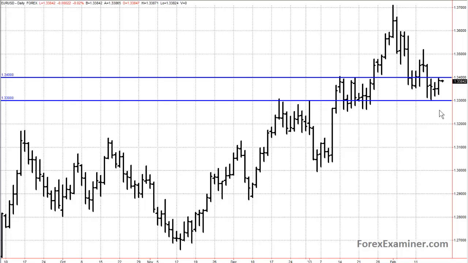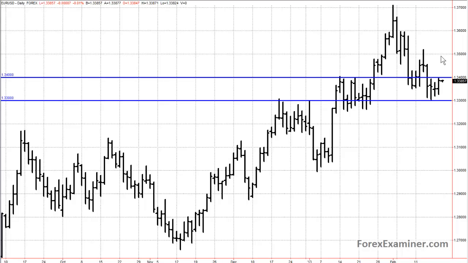But the three simple things a market does is it goes up, it goes down, or it goes sideways. Okay, so we are looking for the market to move itself from this sideways type of action and go up or down, and we will see if there is an opportunity for profit as it does so.